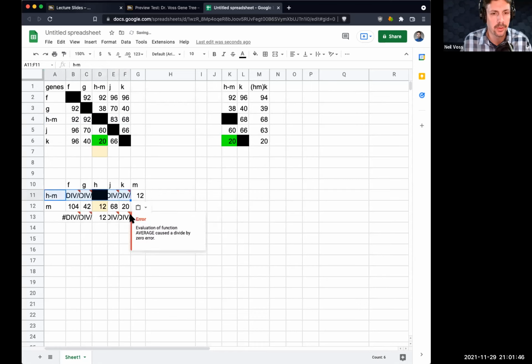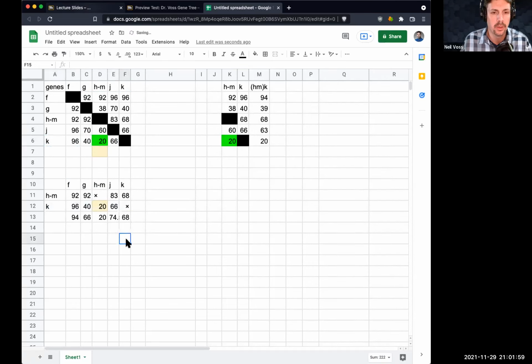I can just keep that. And then my K row is this. Right. So my new numbers are not the same. Crap. I'm working too fast here, but okay. Anyway, we got HM connected to K.